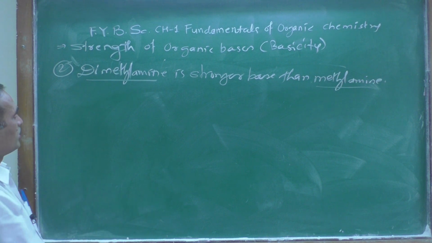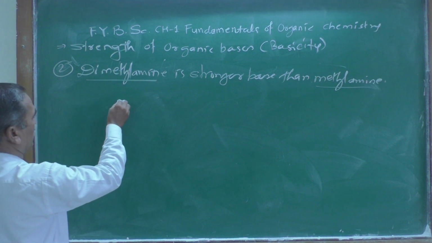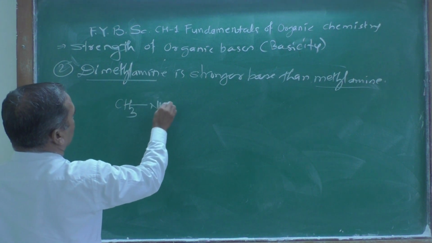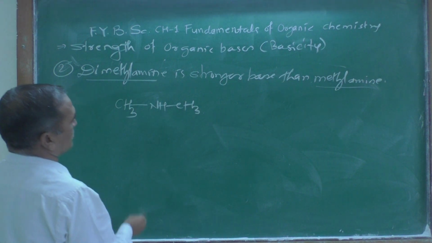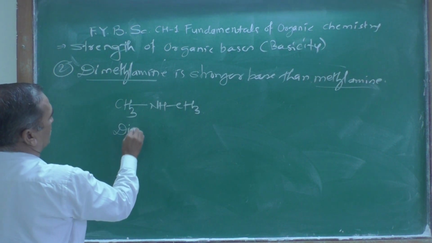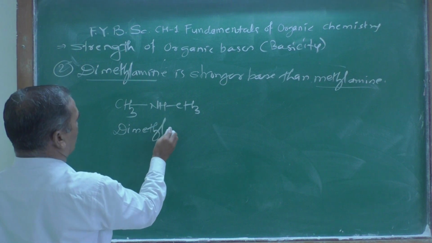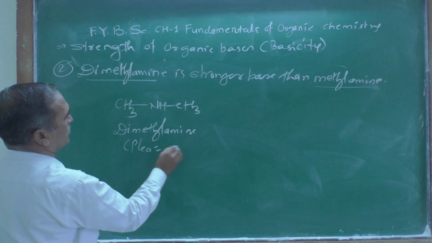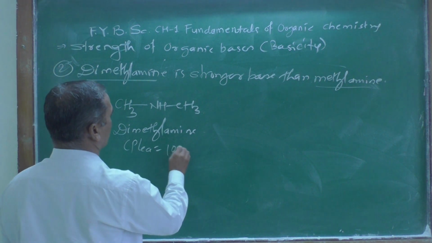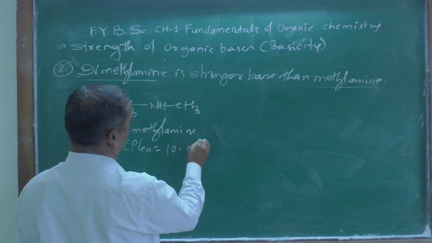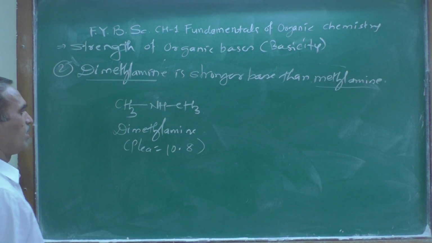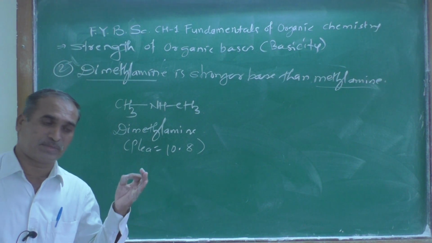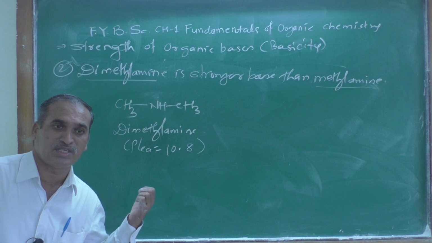Now here, the structure of dimethylamine is this one, CH3, then NH and this CH3. This has a pK value of about 10.8. And we know the structure of methylamine, we have seen just now.